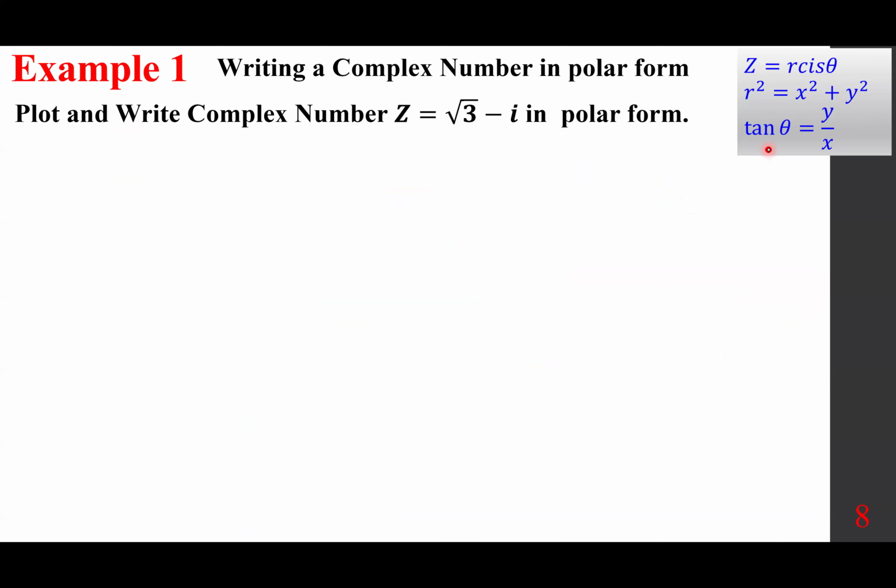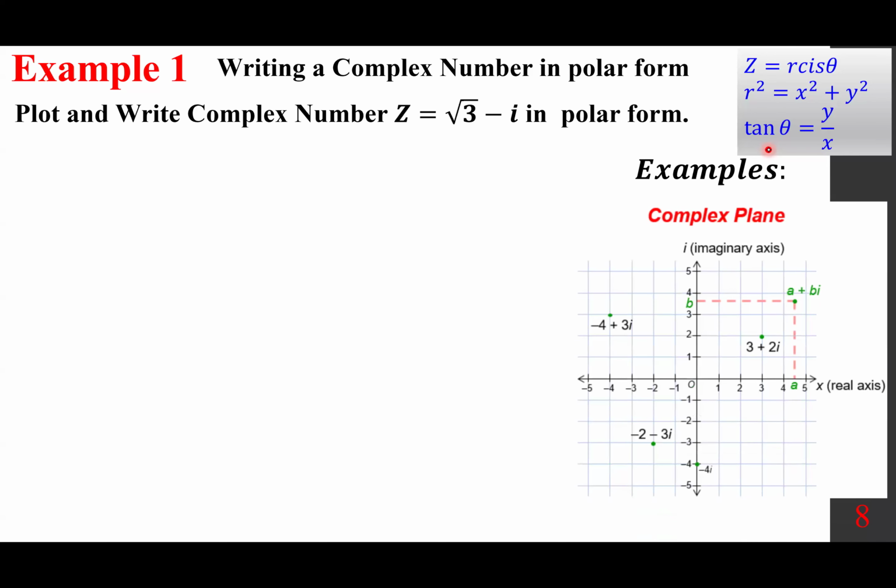First and foremost, to plot this, I want to remind you of something we already know. For example, if it's 3 plus 2i, you go 3 to the right, 2 up. So if it's a plus bi, you go a to the right, b up. So minus 4 plus 3i, you go 4 to the left, 3 up. Now we want to graph this.